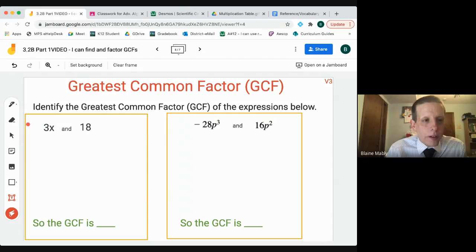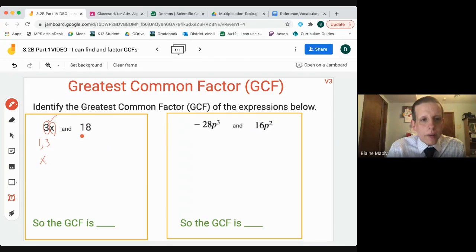All right, the first thing we do here, first we're going to list the factors of the numbers. So the factors of 3, it's just 1 and 3. And then the factors of the variable, the other thing being multiplied, it's just x. So that one we have all the factors. Now we've got to get all the factors of 18.